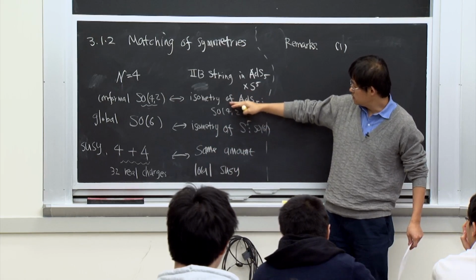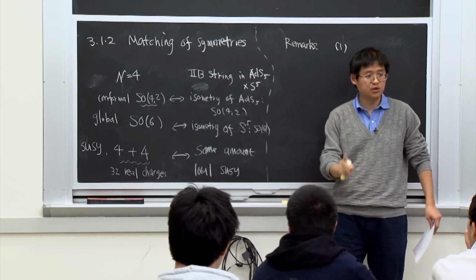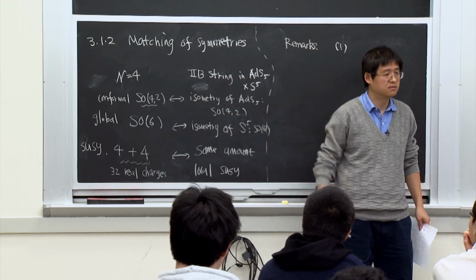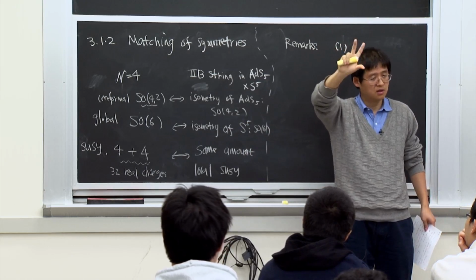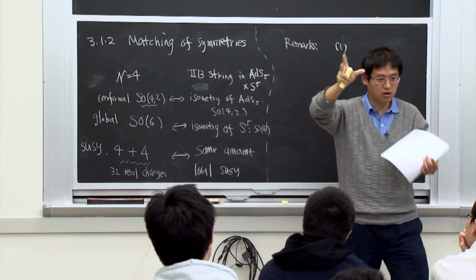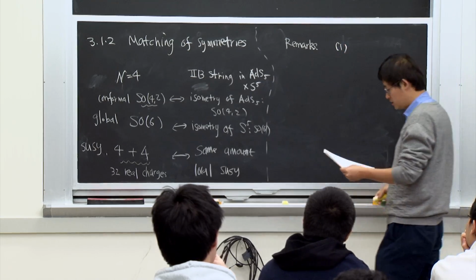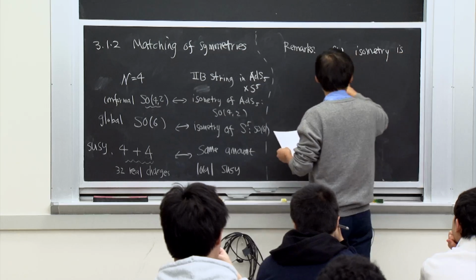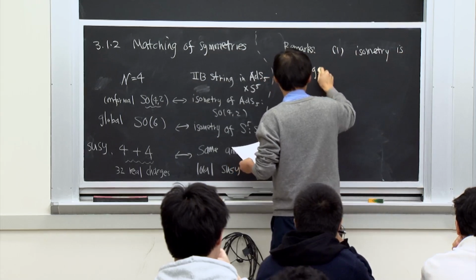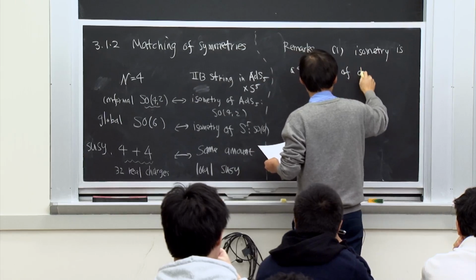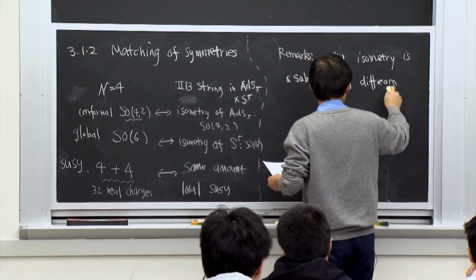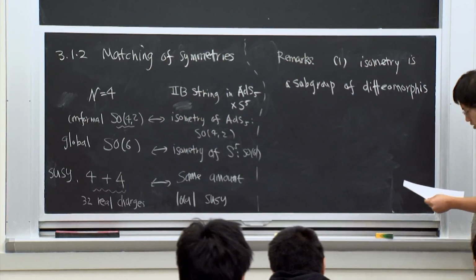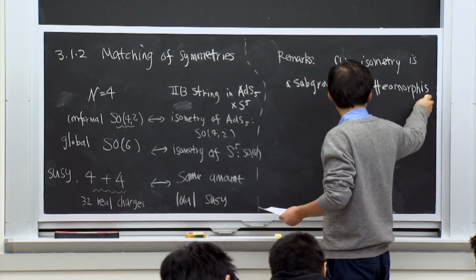And the space-time isometry is just a subset of space-time coordinate transformations. And space-time coordinate transformations are local symmetries. Okay? So the isometry is a subgroup of diffeomorphism. Diffeomorphism just means the coordinate transformations, and these are local symmetries.